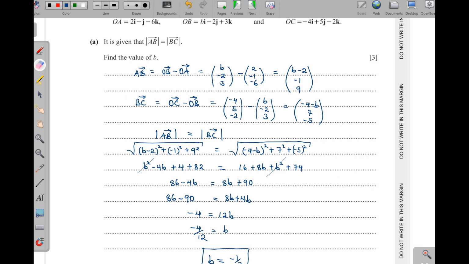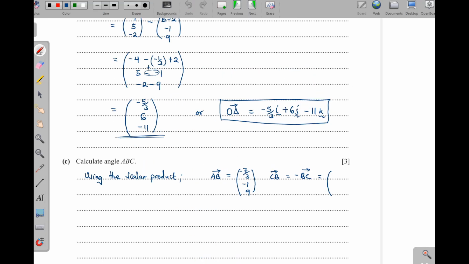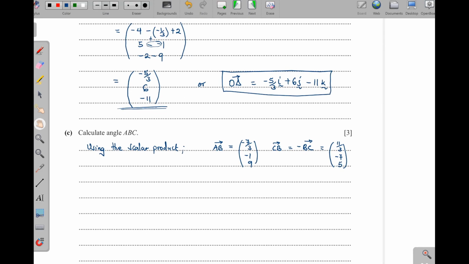So that means when I go back this side, BC is going to be 11/3, -7, and then +5. Now I need to get their lengths. So remember, we have to get AB.